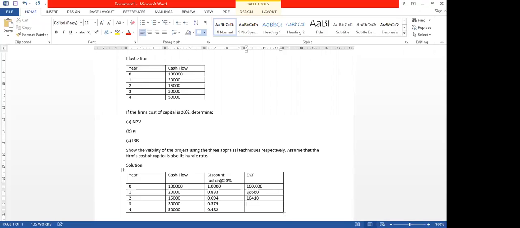Then year 3 will be 0.579 times 30,000. That's 17,370. Year 4 will be 0.482 times 50,000. That's 24,100. So now let's find the NPV.